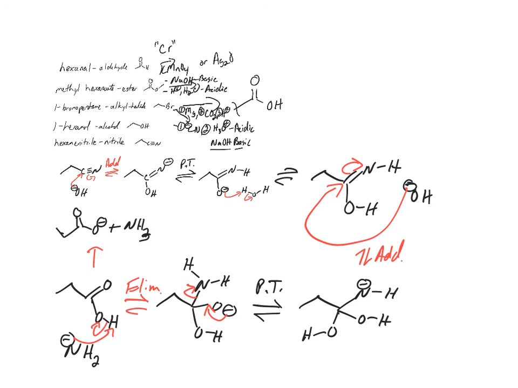People get confused: step 1, step 2, wait, there's acid there? No, that's the second step. The reason you add acid is that it protonates this, and that makes it soluble in an organic solvent, because it's super polar, so you can do some organic chemistry with it. So that's the basic conditions way to turn a nitrile into a carboxylic acid.